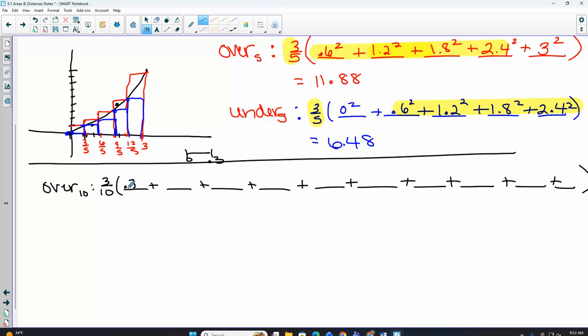And I know I'm going to square it because I'm plugging it into the equation, which was x squared. Once you have the first point, you can get all the others. We're just adding our 3/10 each time.